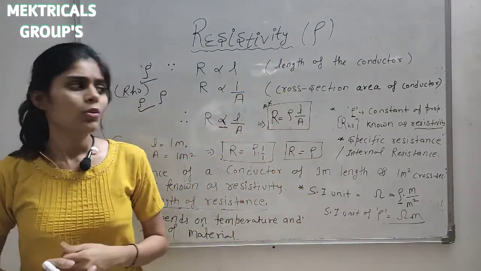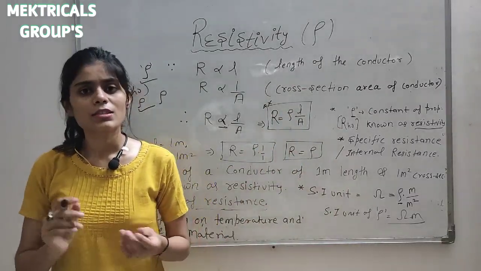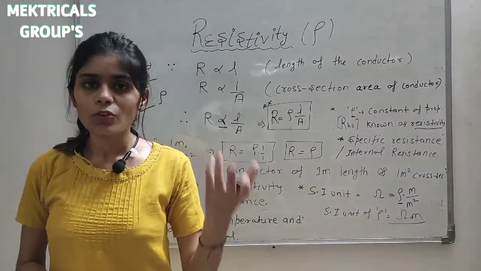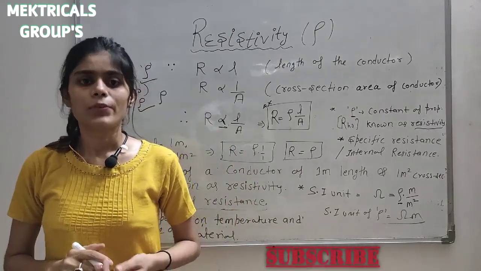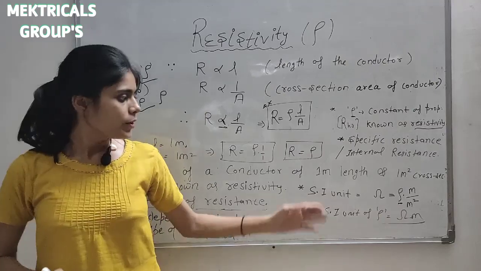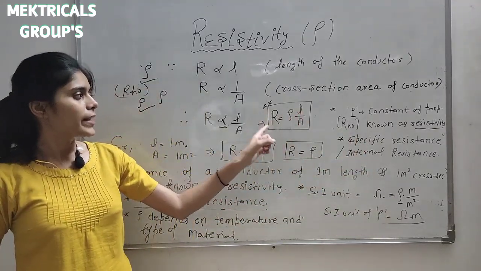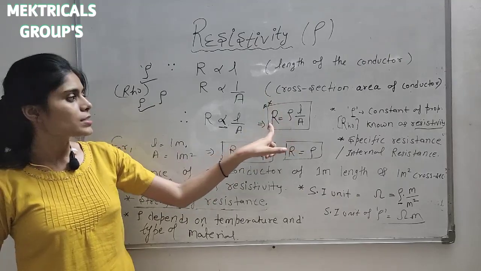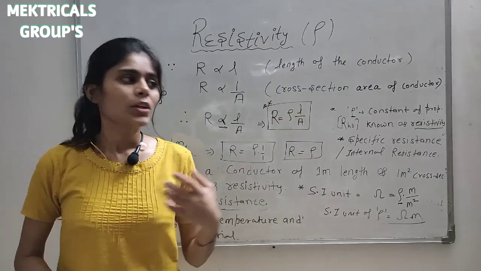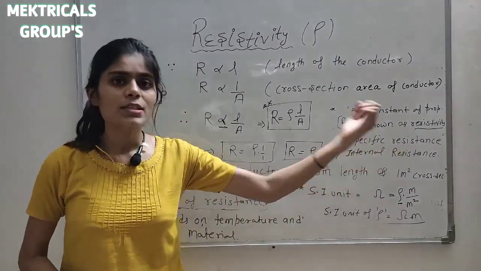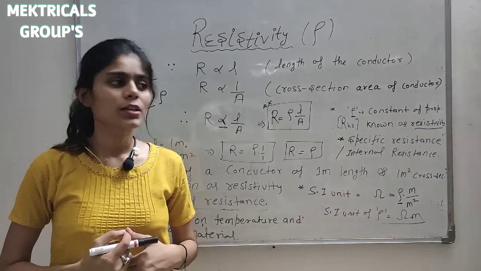So what have we learned in this lecture about resistivity? Resistivity is the value of resistance for a conductor with unit dimensions, and the SI unit of resistivity is ohm meter. The formula relating resistance with resistivity is R is equal to rho L upon A. Resistivity is also known as specific resistance because it tells the specific value of resistance for a conductor.